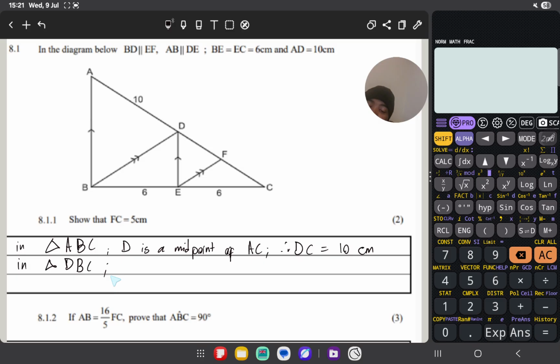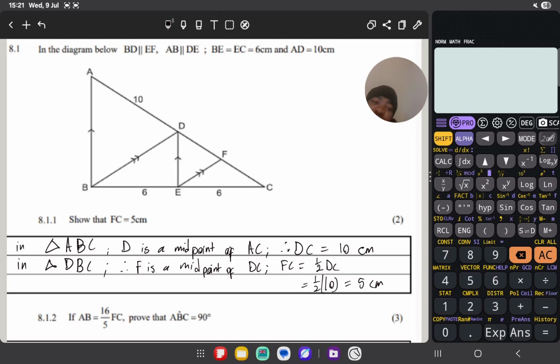That means F is a midpoint of DC. In that case, DC, which is equal to 10, FC will be half of DC, which is half of 10 centimeters, which is going to be 5 centimeters.